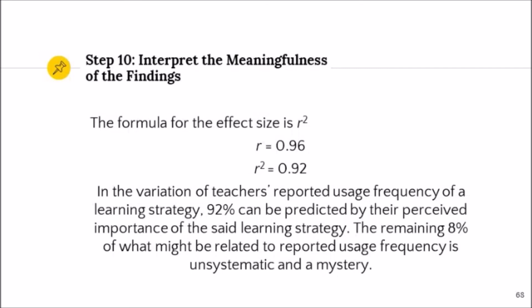Therefore, in the variation of teachers' reported usage frequency of a learning strategy, 92% can be predicted by their perceived importance of the learning strategy. The remaining 8% of what might be related to reported usage frequency is unsystematic and a mystery.